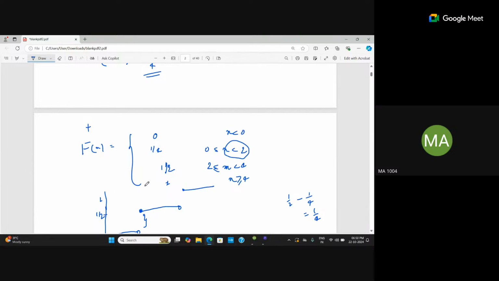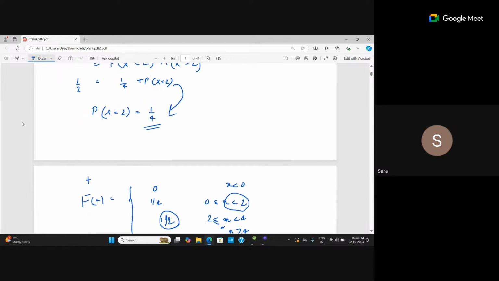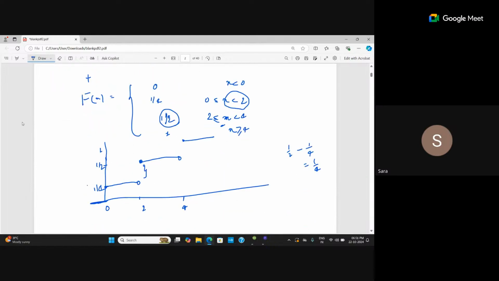Now I put the values, and from here you can find the probability at point 2, which will be 1 by 4. Is it clear? Yes, ma'am. Ma'am, could you do it for probability x equal to 4?